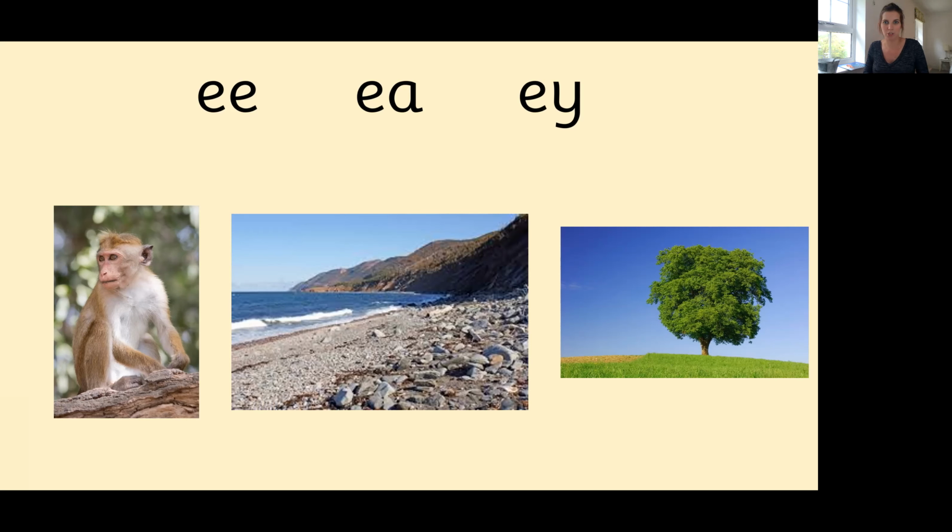So those 3 pictures, can you have a go at working out which E spelling you need for each of those words? Once you've done that, I'd like you to use your sound buttons or your sausages and beans or your dots and dashes, whatever it is that you call them, to split up the sounds in the word as well, okay? So when I say go, you're going to pause the video and you're going to have a go at writing these 3 words using that long E sound, okay? Pause the video now and off you go.